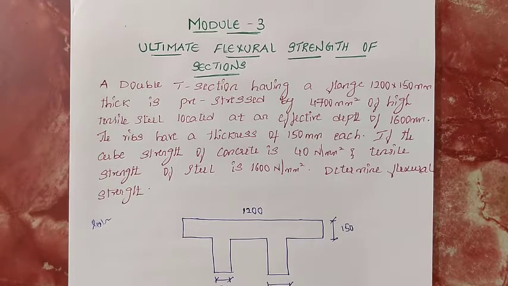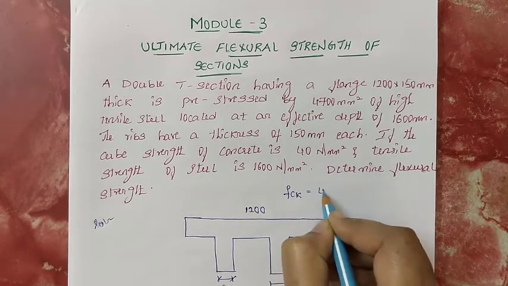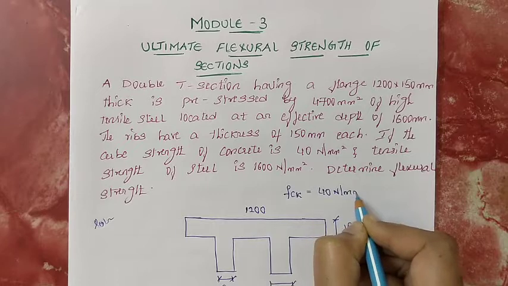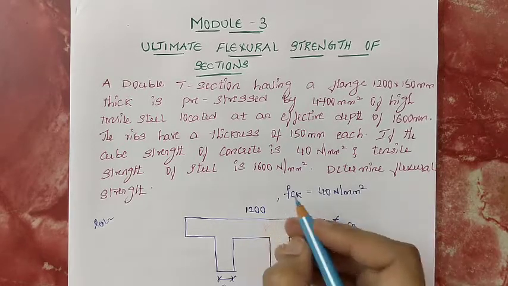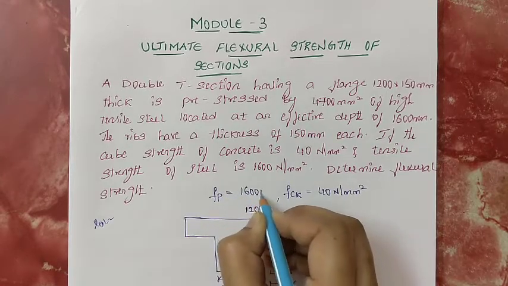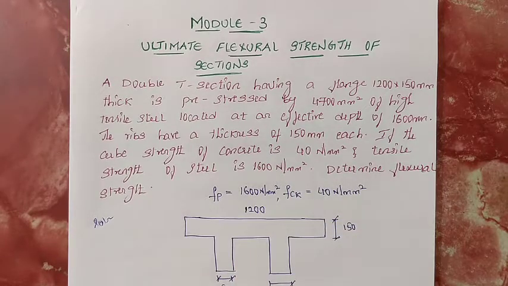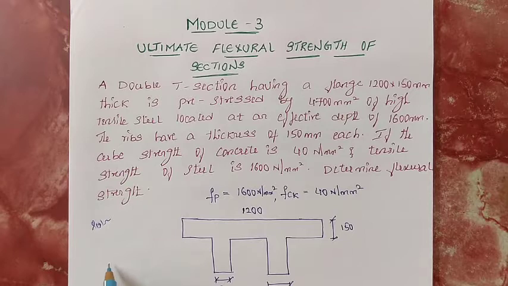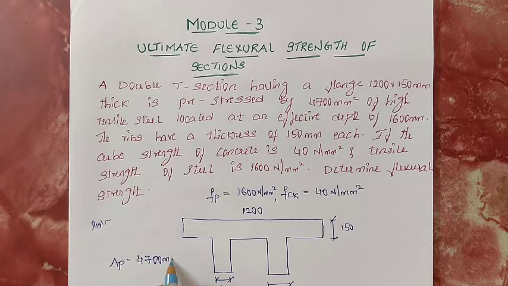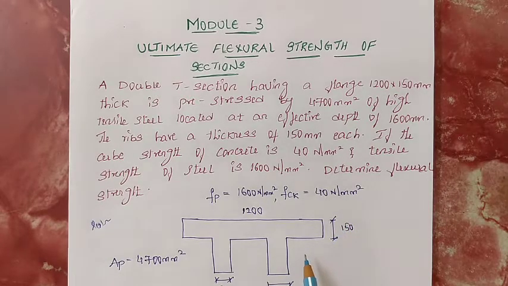Then FCK value they have given, that is 40 Newton per mm square, and tensile strength of the steel, that is FP value, they have given 1600 Newton per mm square. Then area of tendon they have given, that is AP, it is 4700 mm square. This is the double T section. You need to calculate flexural strength of the double T section.